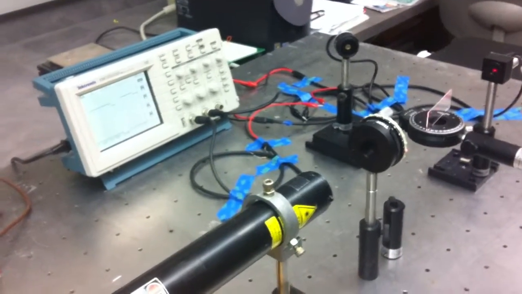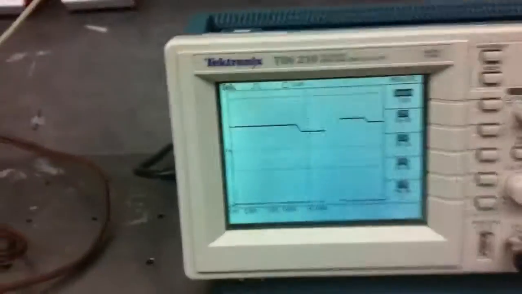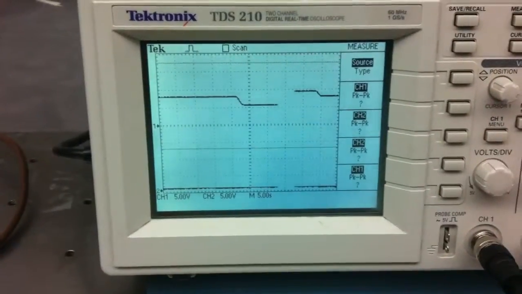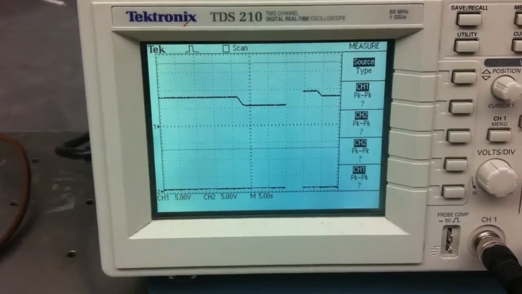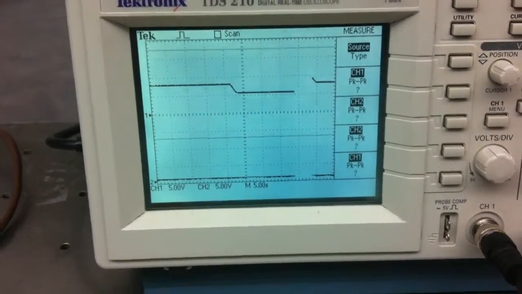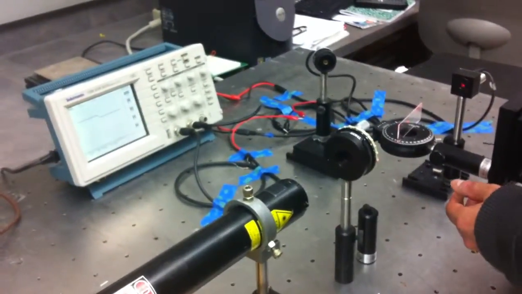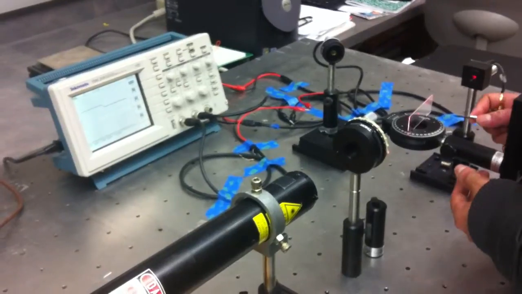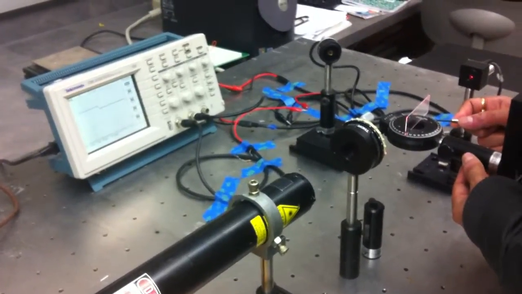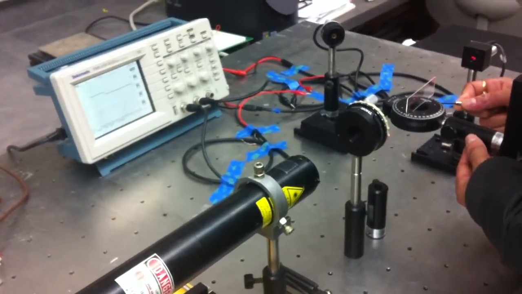Now the power is a little less than 6. We can say it's 6 or 5.5 volts. Channel 1 is at 5 volts per division, and channel 2 is also 5 volts per division, but for now we are concerned with channel 1, so that's 6 volts right there for 80 degrees. Now I'm going on to 85 degrees.